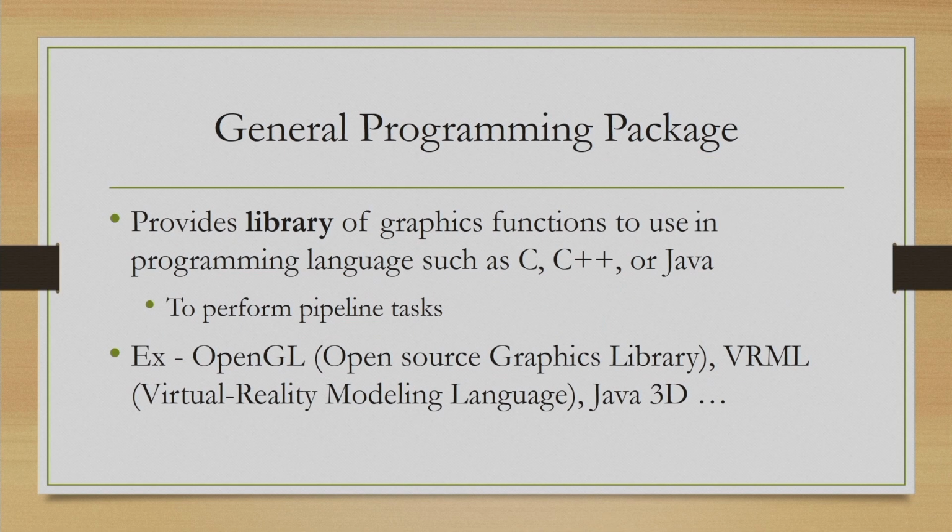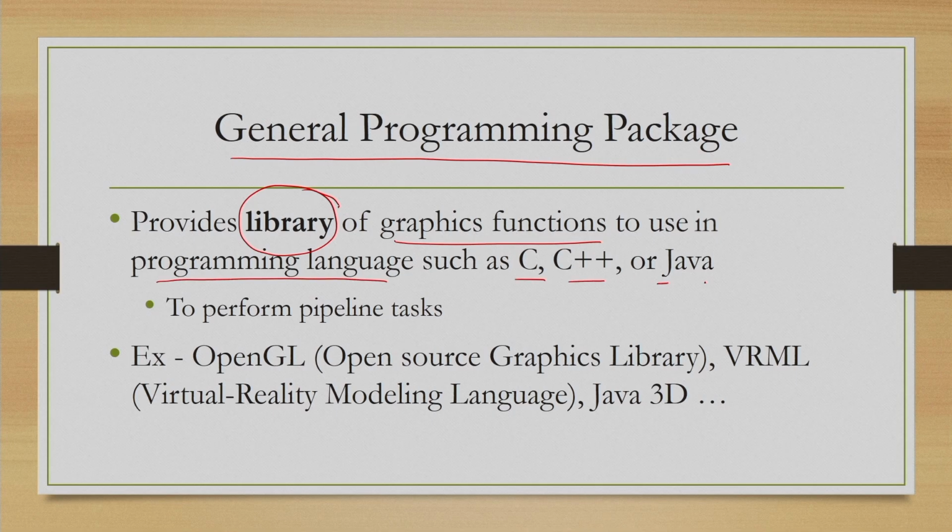The other type of software is the general programming package. Here we have libraries of graphics functions that are provided, and we can use those libraries with any programming language such as C, C++ or Java. These functions are meant to help a programmer perform pipeline tasks.